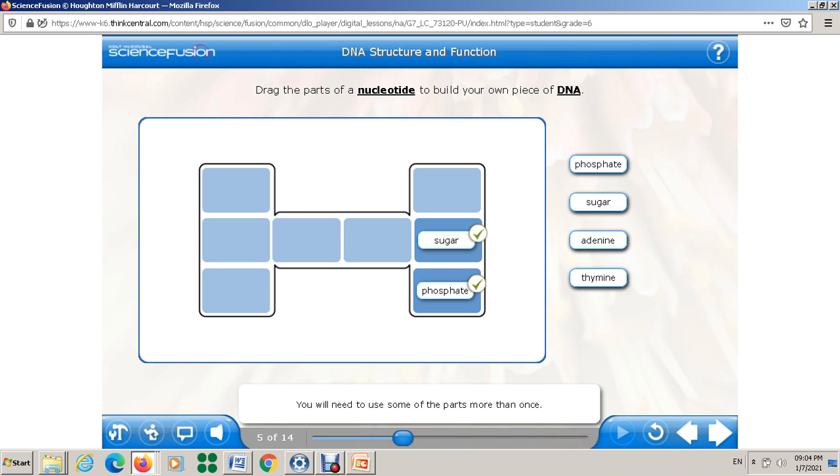For example, the thymine, and adenine. From the other side, the same thing. We need sugar and phosphate. And adenine is always connected with adenine or with thymine? No, with thymine. Okay, so this one here is important: how to build a nucleotide.